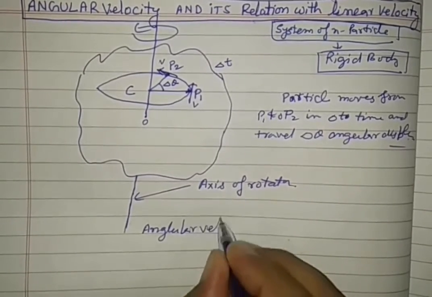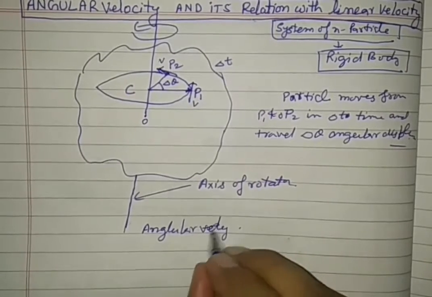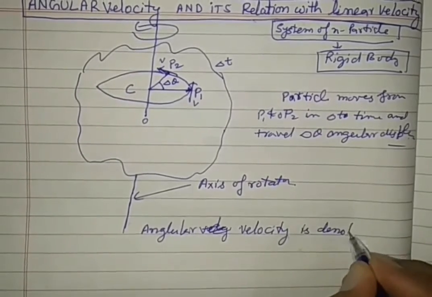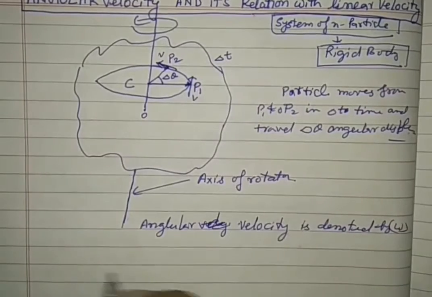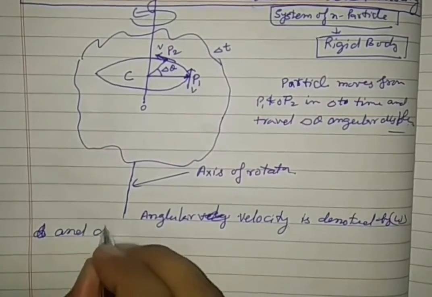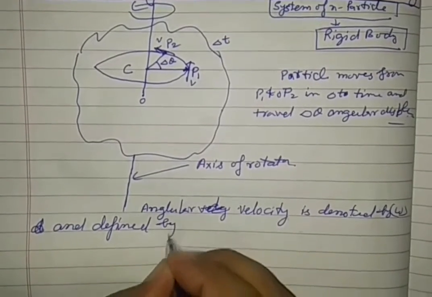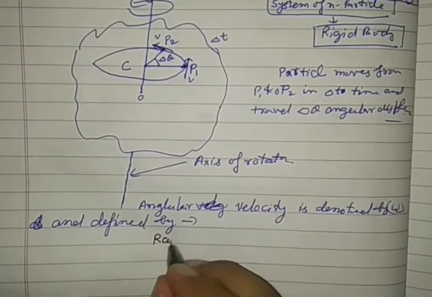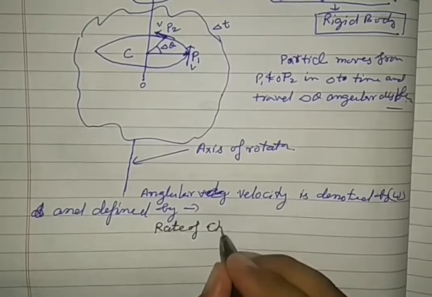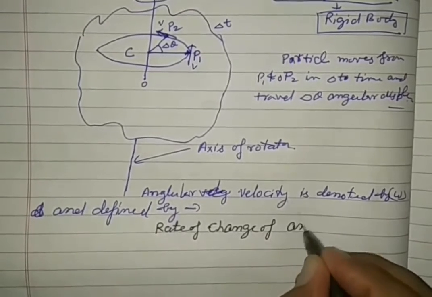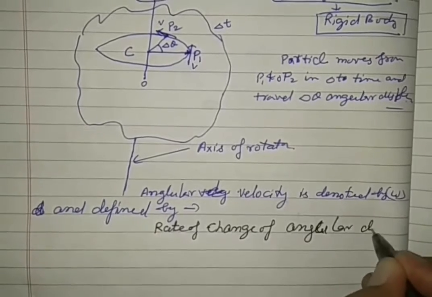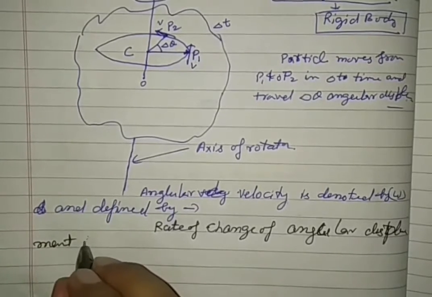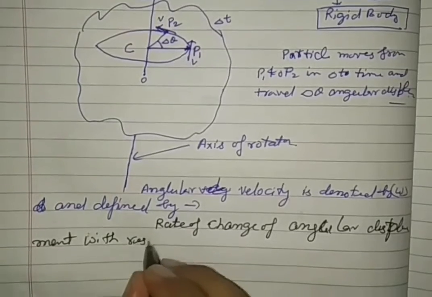Angular velocity is denoted by omega and defined as the rate of change of angular displacement with respect to time.